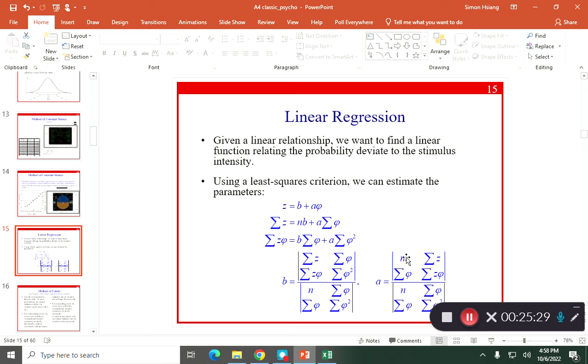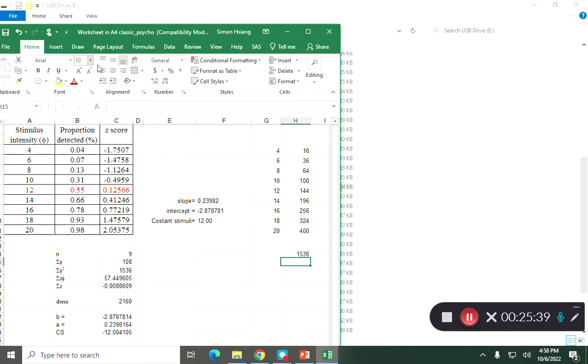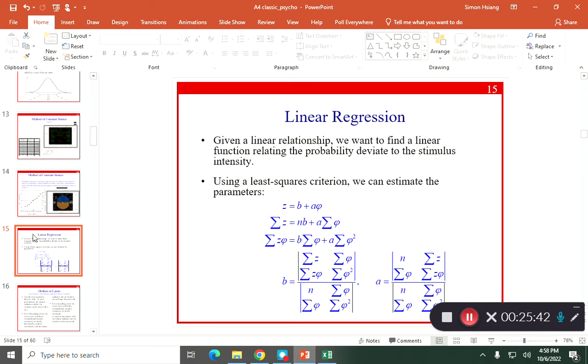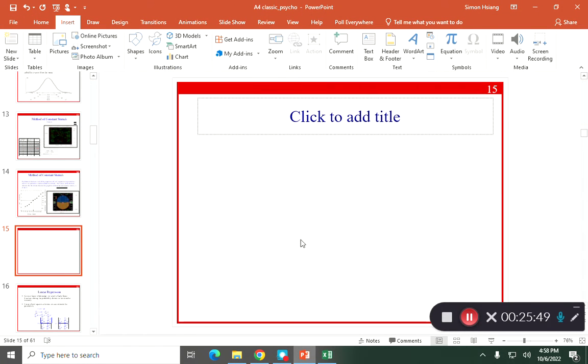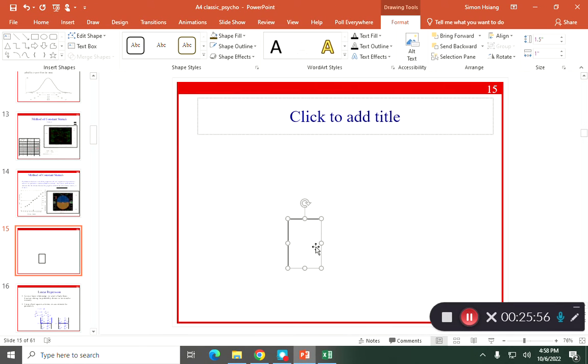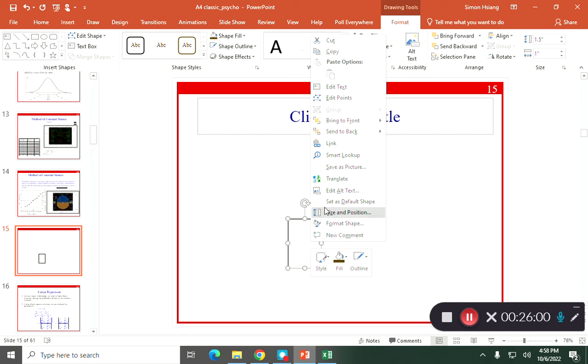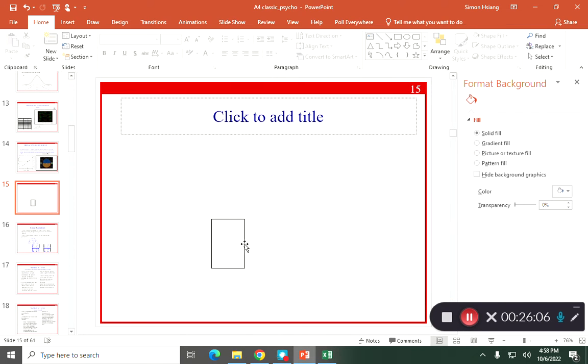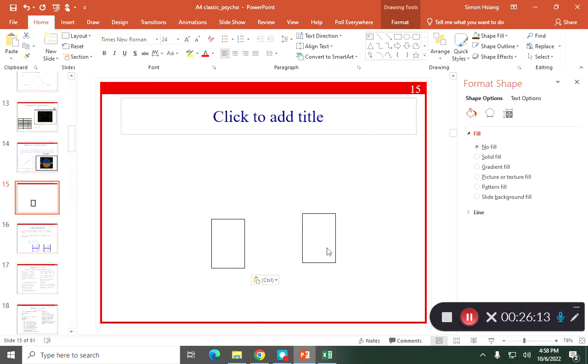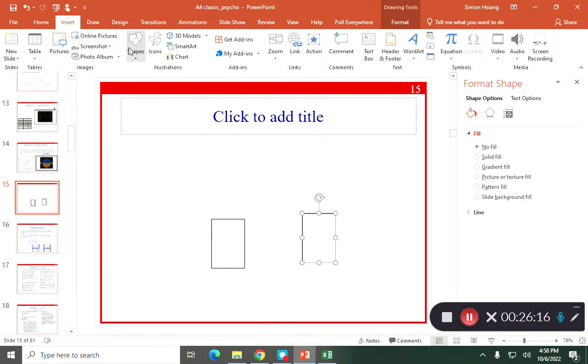For the numerator, let me draw a bunch of shapes. If I only have one observation, what is the slope?